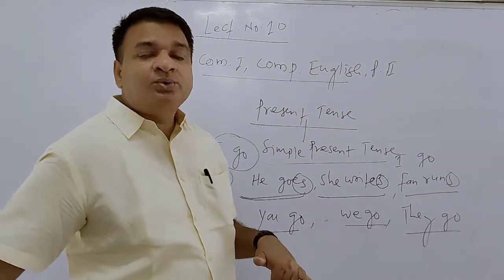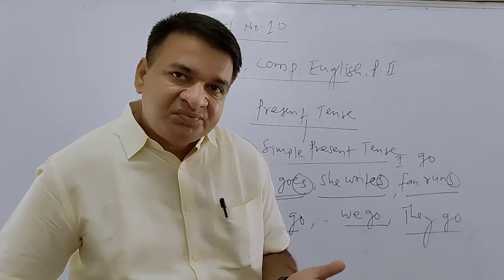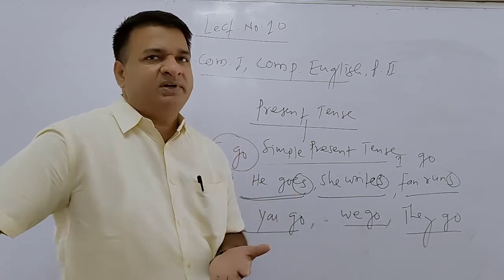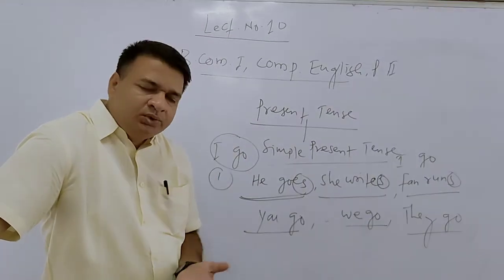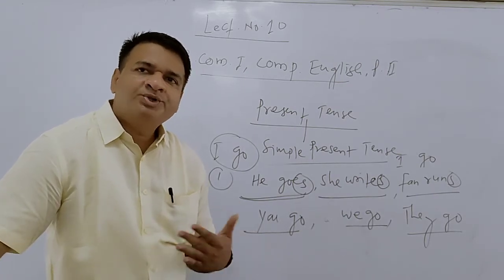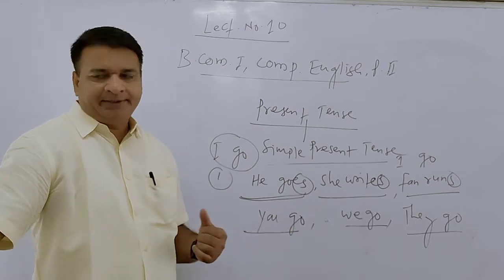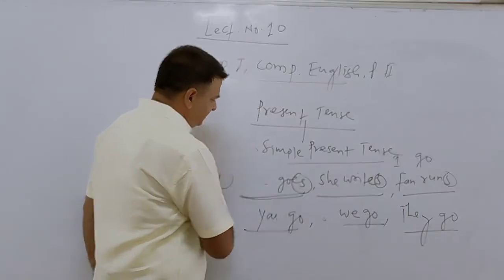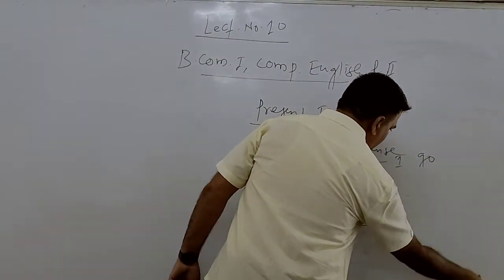So keep in mind the change in the verb form, and the use of to be helping verb. That way you have to form these small, simple sentences which give the meaning. Again I will discuss some sentences after this which we use in the present tense.